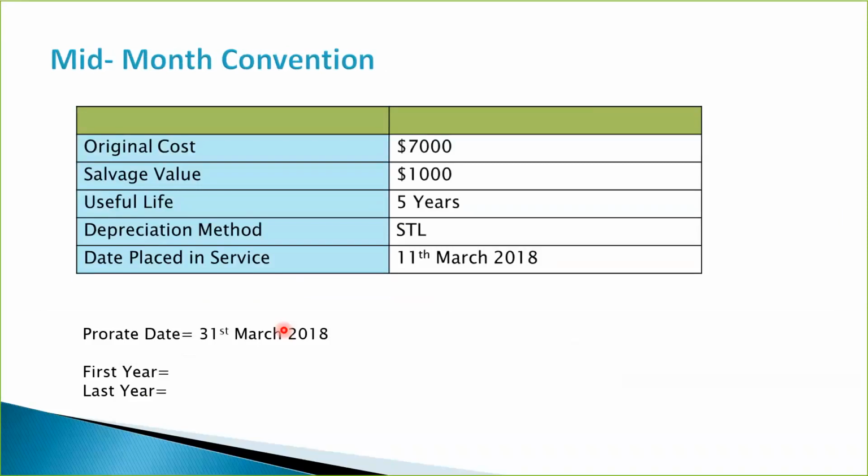Now, finally, we have this mid-month convention. So how would this go? And this is the example that I am going to use for the segue into explaining the concept of a prorate calendar and the importance of prorate calendar, which we said is where the system checks to which period the prorate date belongs.